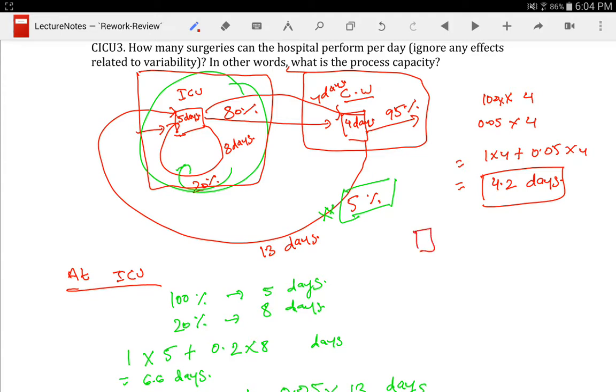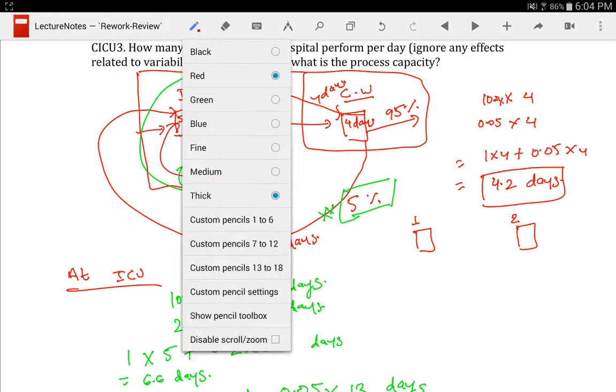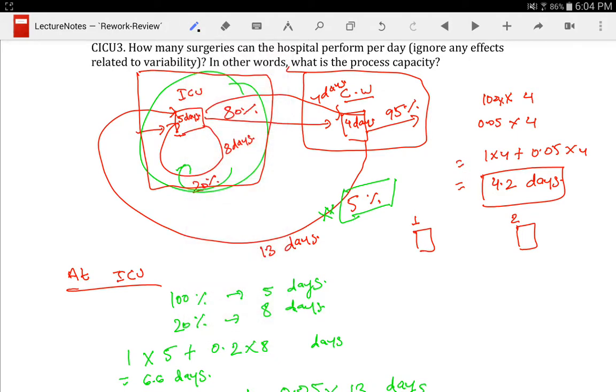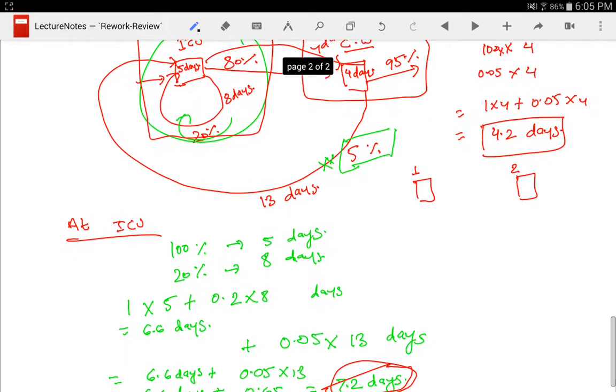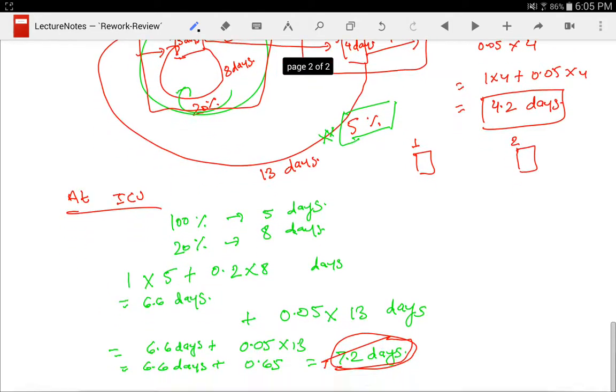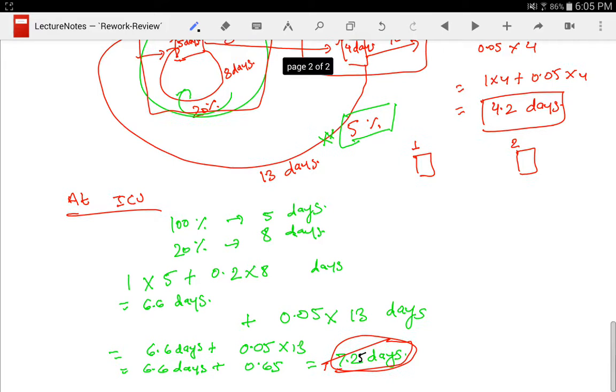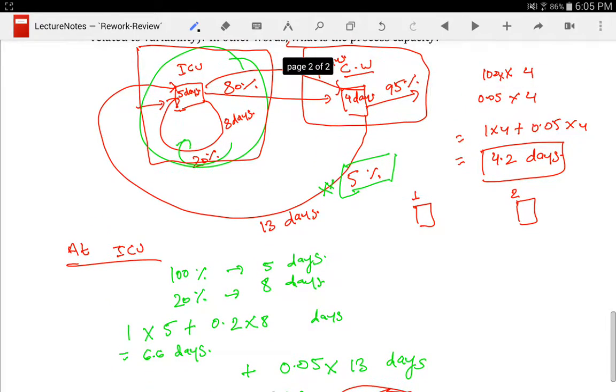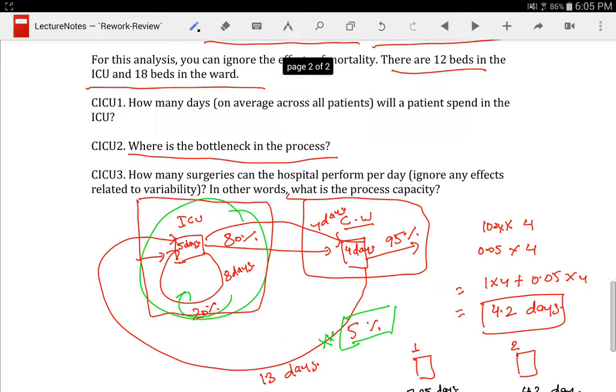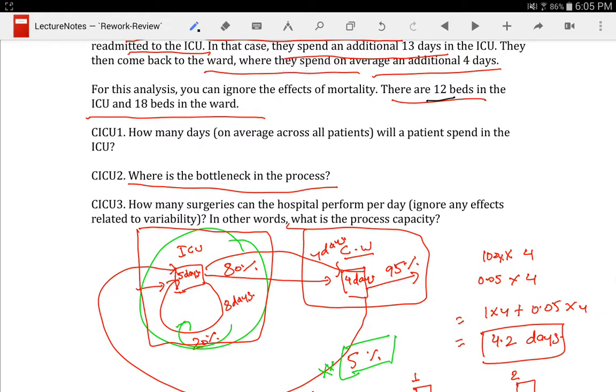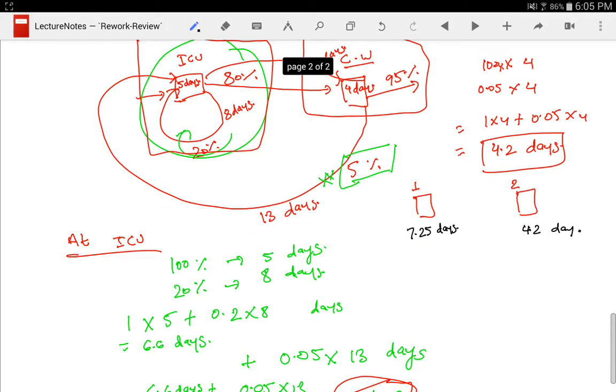Now our picture is very similar to our earlier process steps. Call this step A, call this step B, and this has a processing time of 7.25 days, and this has a processing time of 4.2 days. Now going back here, we know there are 12 beds in the ICU and 18 beds at the ward.